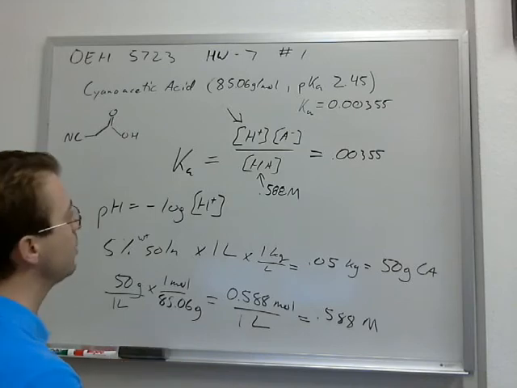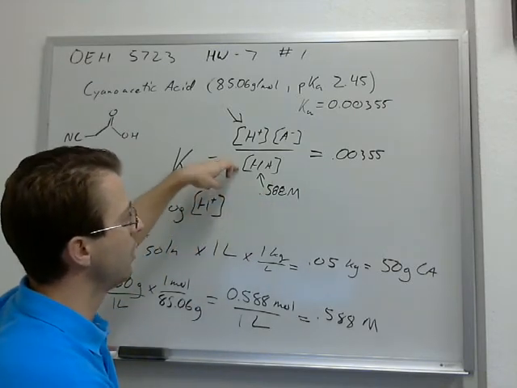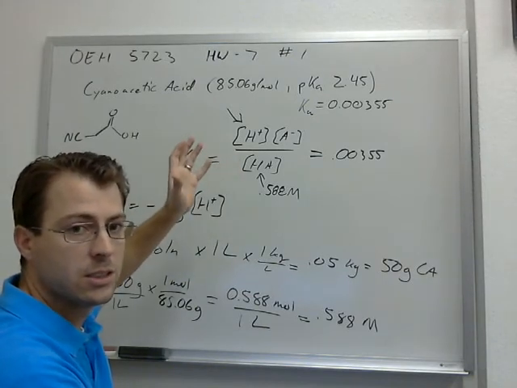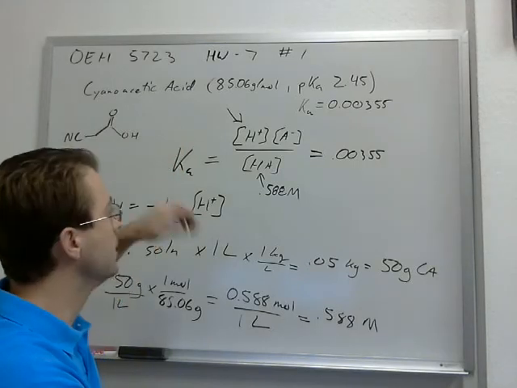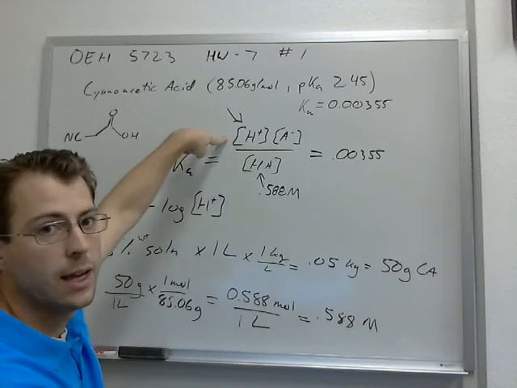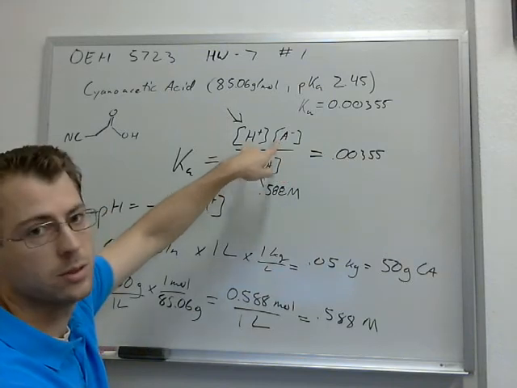So what we know from this equation, since we're starting with our weak acid, and it's otherwise just distilled water, there's no buffers or anything present, then for every dissociation we're going to have one acid form and one anion form. So these two are going to be equal to each other.